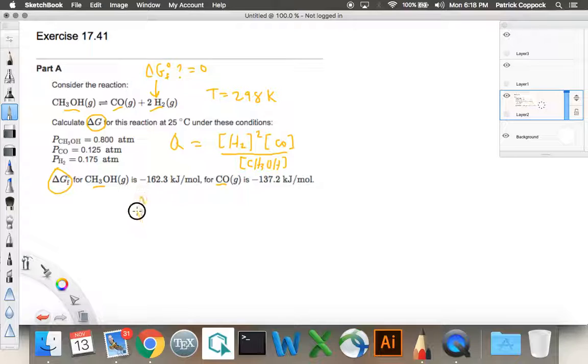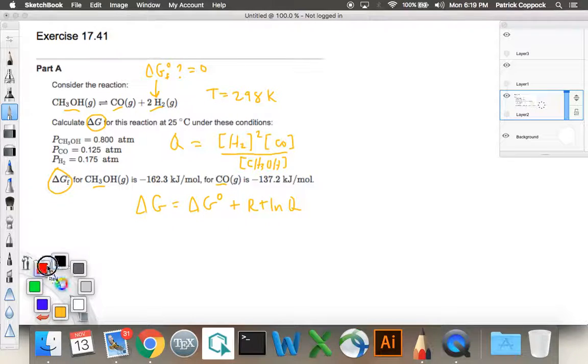All right, and so I'm thinking to myself, the delta G of the reaction is equal to the standard delta G plus RT ln Q. And I have already Q, so I can get ln Q, of course.